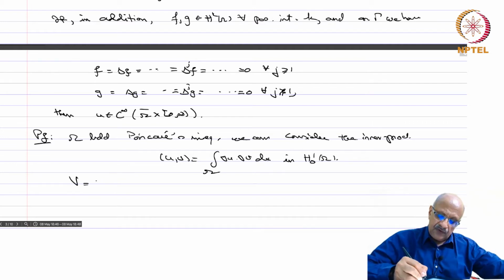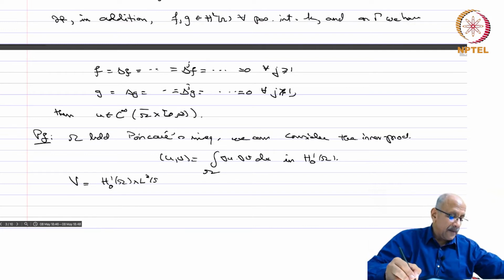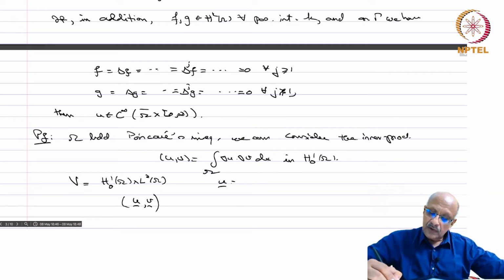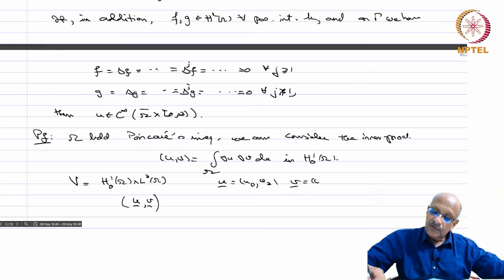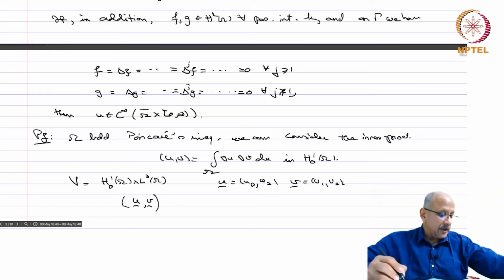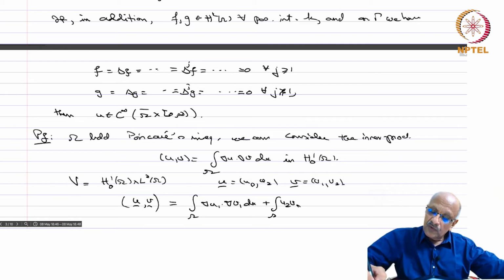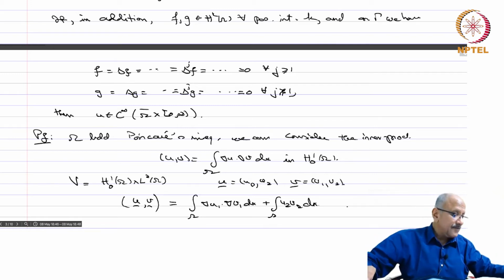Now we set V equal to H10 of omega cross L2 of omega. The inner product, so now u equals (u1, u2), v equals (v1, v2). The first components will be in H10. So, this is the integral over omega of grad u1 dot grad v1 dx plus the integral over omega of u2 v2 dx.